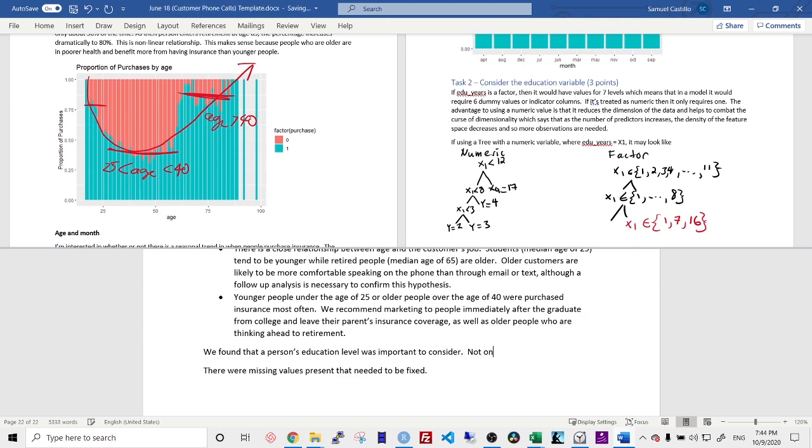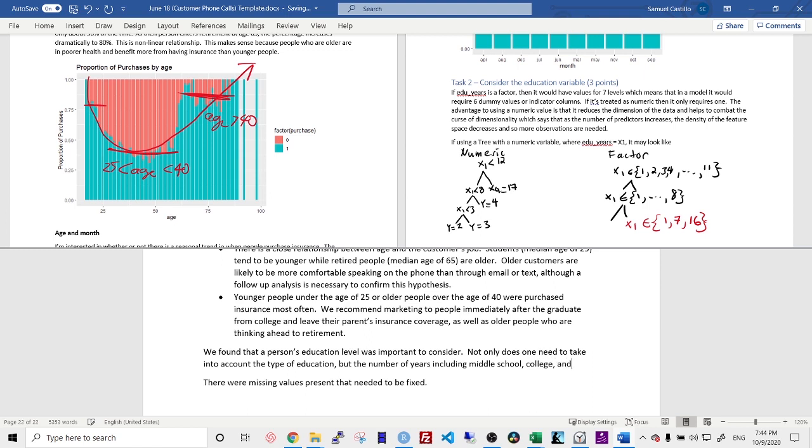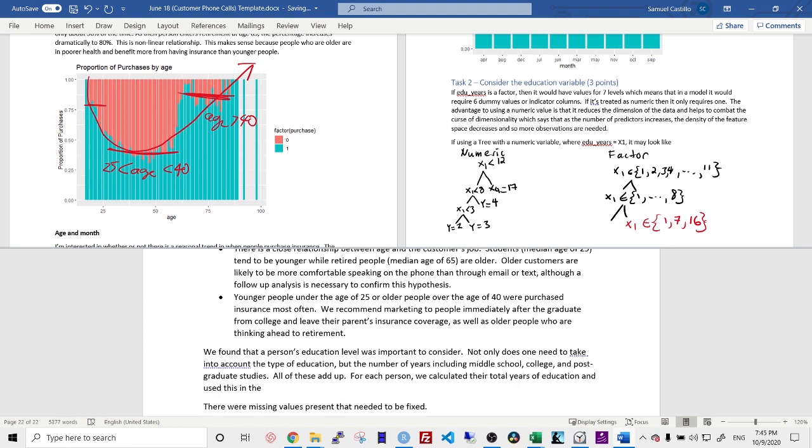Not only does one need to take into account the type of education, but the number of years, including middle school, college, and postgraduate studies. All of these add up. So for each person, we calculated their total years of education and used this in the model, in the analysis.